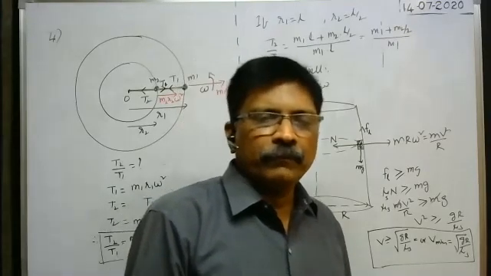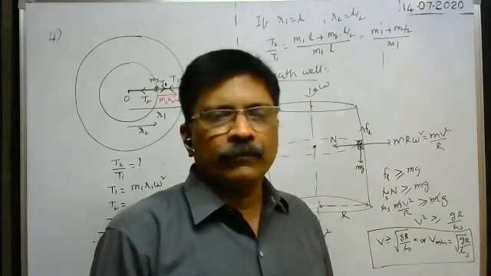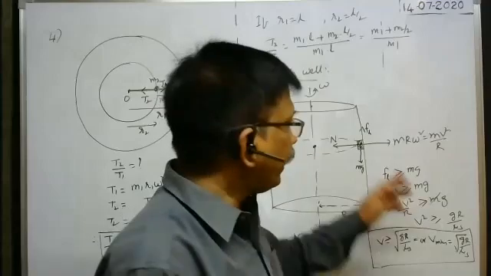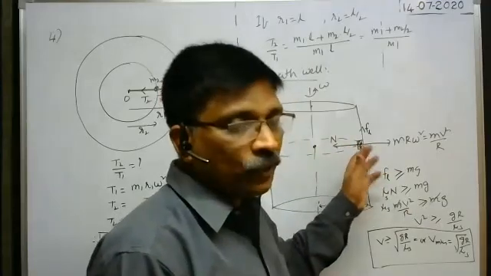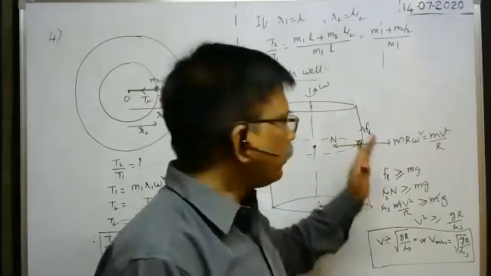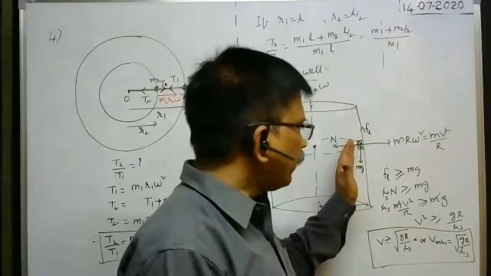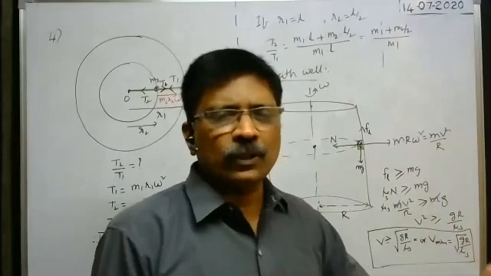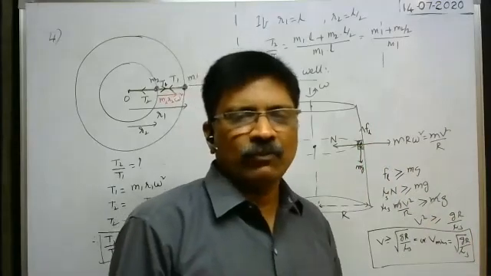Here, it is not his coefficient of friction. The vehicle is rotating on the death well. So in between the tires of the vehicle and the surface of the death well, the coefficient of friction is fixed. That does not change.